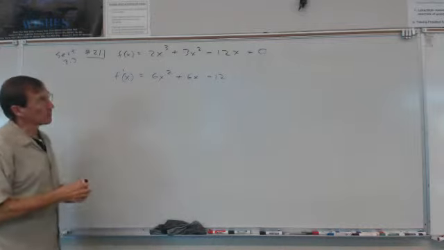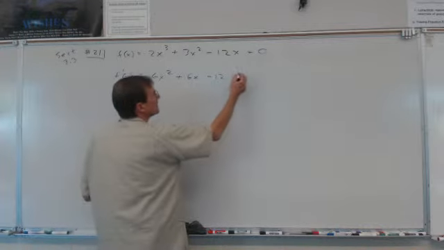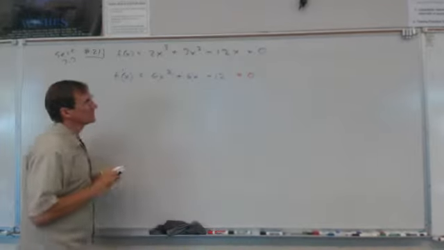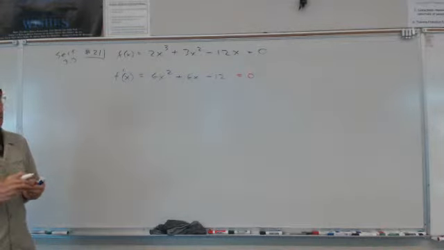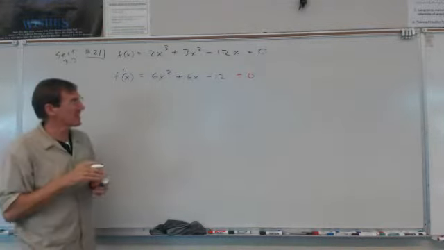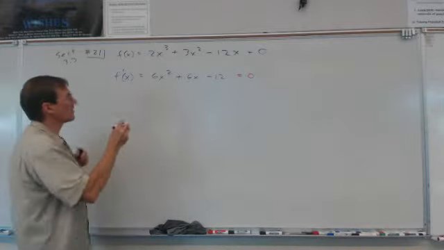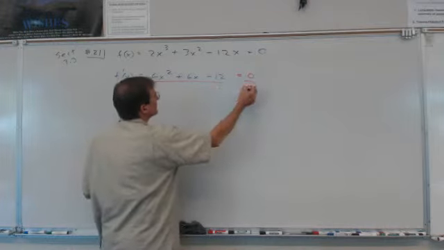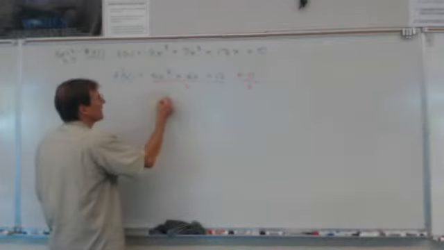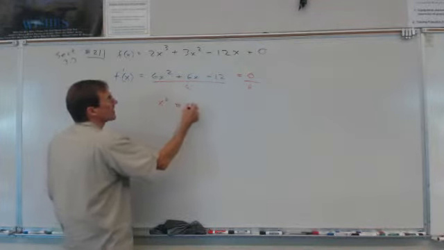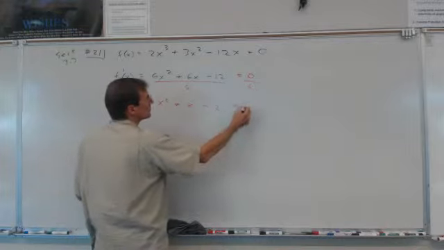And to find critical points, we're going to make that equal to 0. So this is where the first derivative is equal to 0, where the slope of the tangent line is 0. It's horizontal. And you can say, well, I can divide everything by 6 on both sides. If I do that, I get x squared plus x minus 2 equals 0.